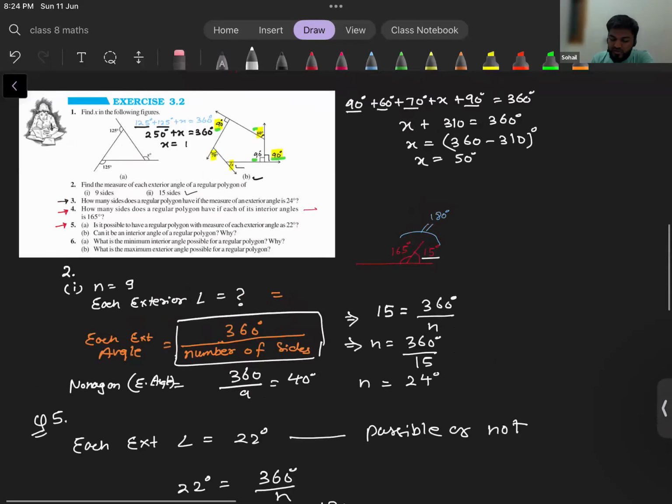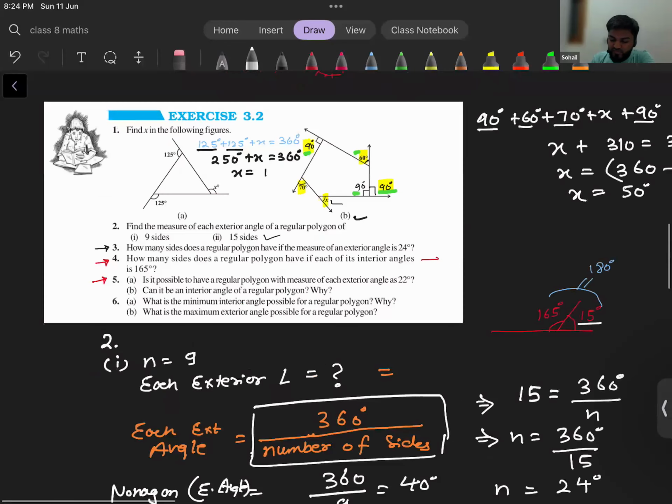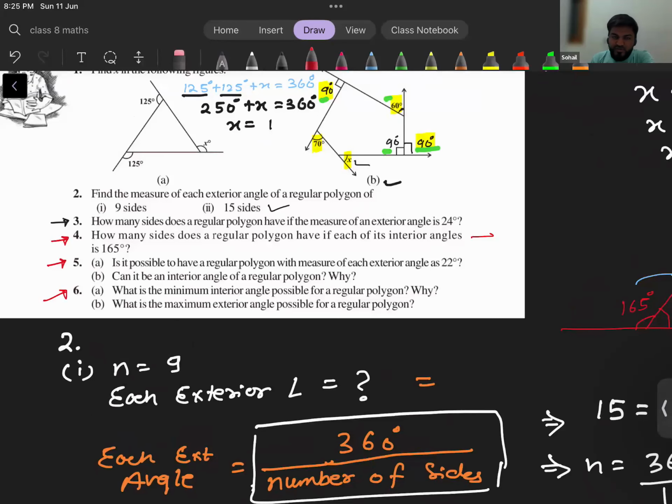Now quickly come to the last question of the exercise. We actually did this one also, if you guys remember. What is the minimum interior angle possible for a regular polygon?